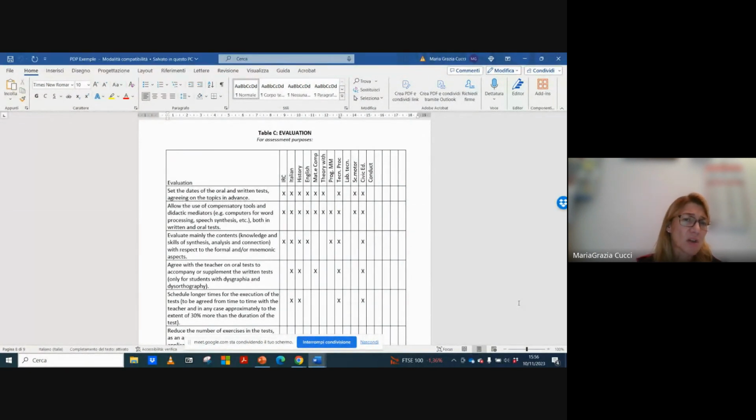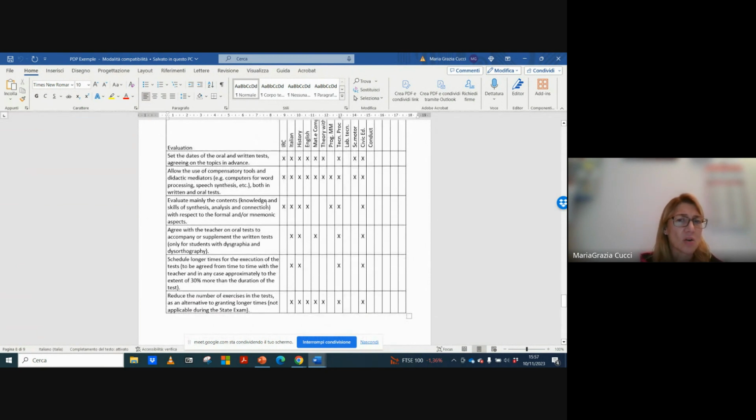Allow the use of compensatory tools and didactic mediators, computers, speech synthesis, something like that, in written and oral tests. So we are talking about, for instance, maps, graphics, schemes, that we stated in the previous box.